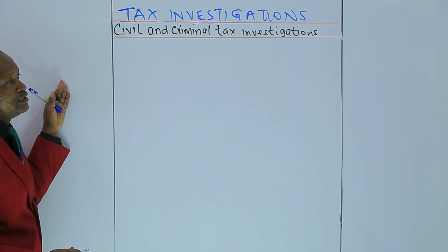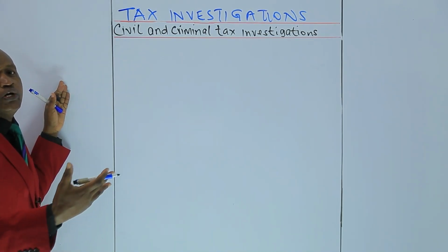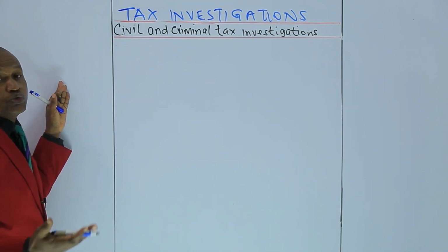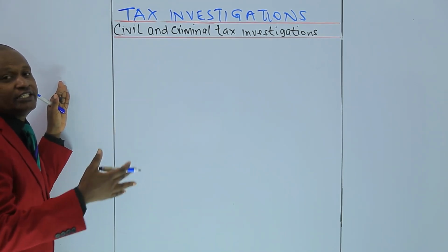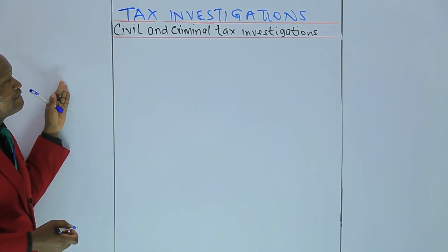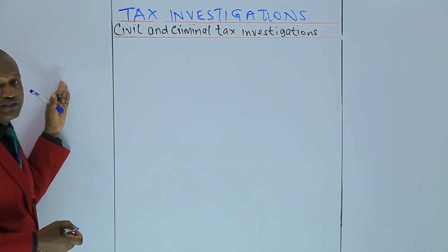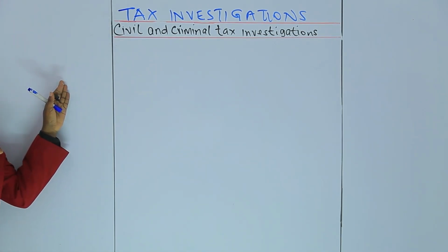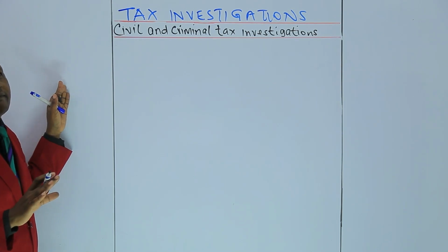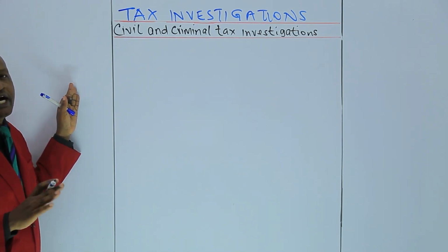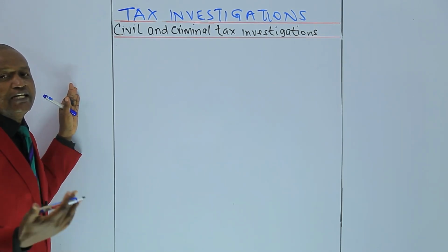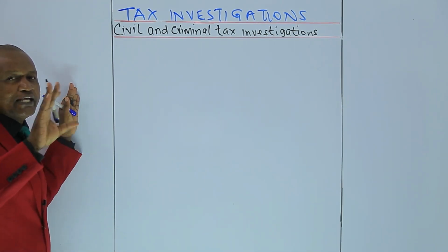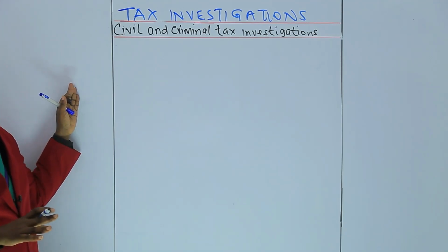Then it goes ahead to collect any correct amount that was not collected initially. Do you understand? Civil tax investigations in Kenya, we can also say, are conducted by the Kenya Revenue Authority to ensure that taxpayers are complying with the tax laws and regulations.